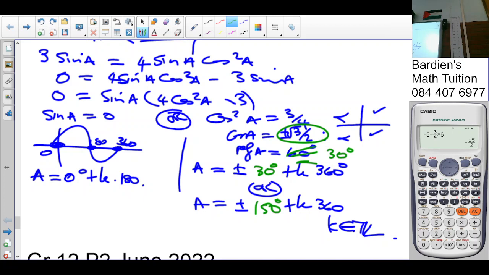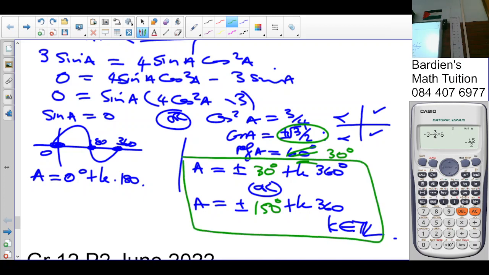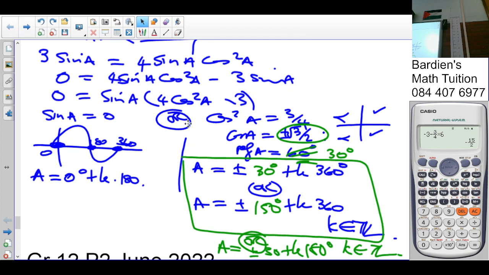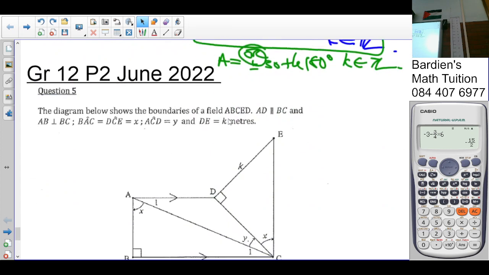Or this whole thing here could have been written, if I divide this by this, the solution actually happens every 180 degrees. So this could have been written as A is equal to plus minus 30 plus K times 180, where K is an element of integers. This is another way of writing the same thing. Okay. So sorry about that again.